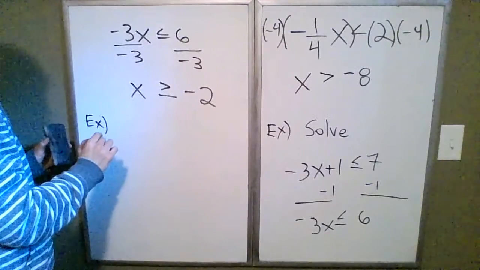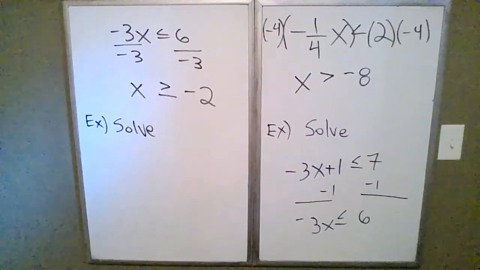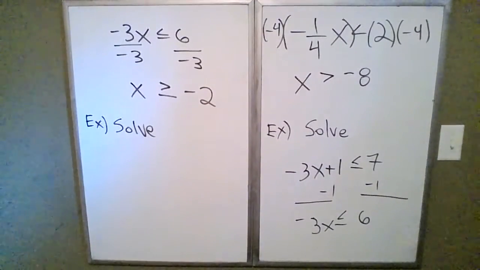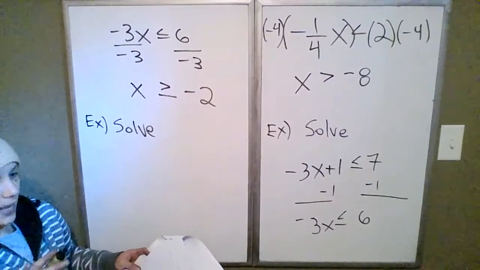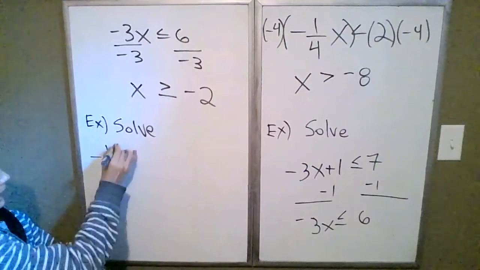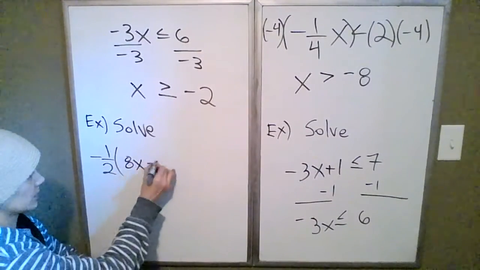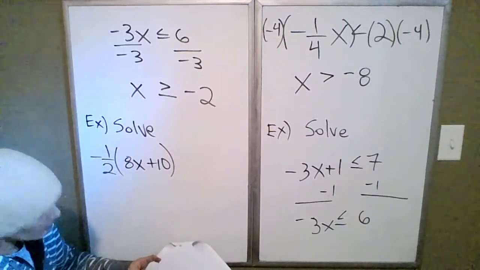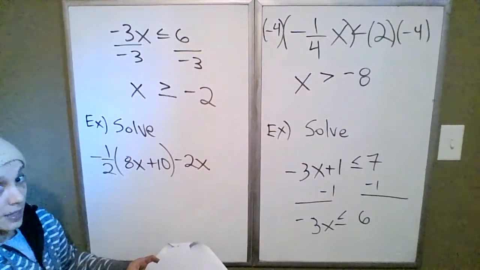Let's do another one of just solve. So we're looking at -1/2 multiplied by 8x plus 10, minus 2x less than x.